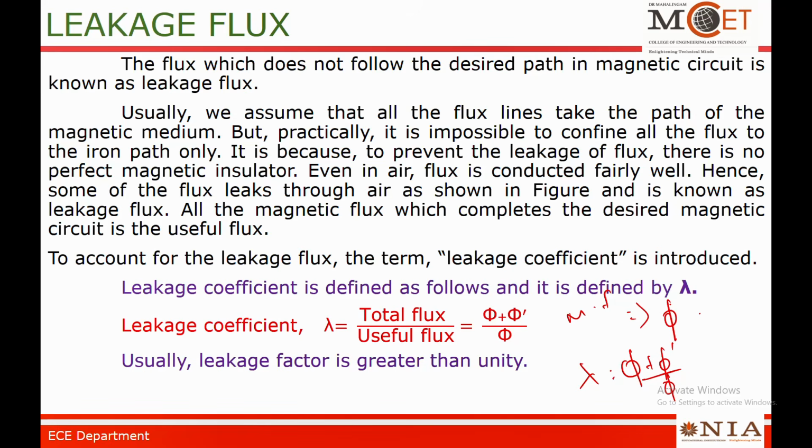Lambda is equal to psi plus psi dash divided by psi. This leakage factor is greater than unity. In order to cover the leakage flux, the leakage coefficient is introduced, denoted by lambda.